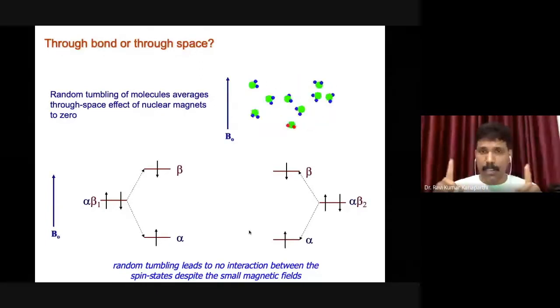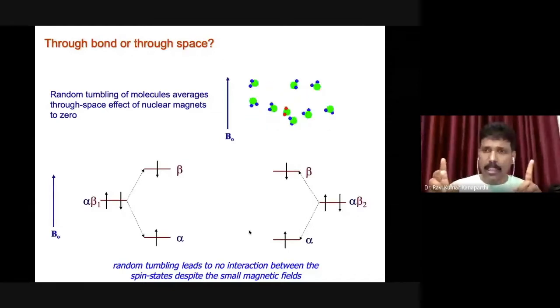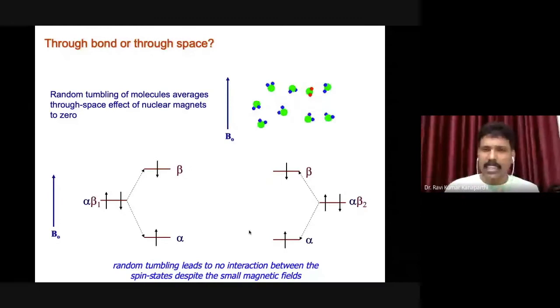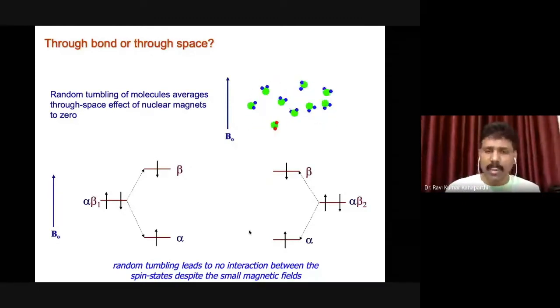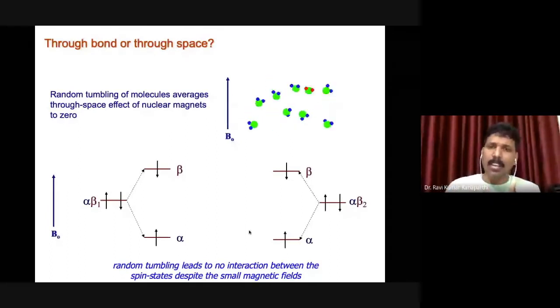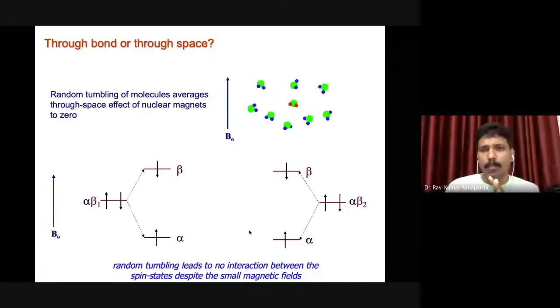If it is through space, the tumbling motion time scales are much faster, of the picosecond time scale, whereas the NMR detection scales are of the order of microseconds. So within that, it's a very long time. You know about Brownian motion: the molecules are changing very quickly from one place to another.